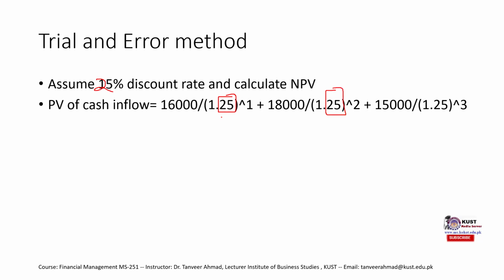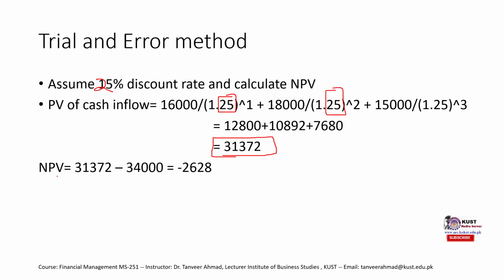Instead of taking 1.20, I have taken 1.25 because our discount rate is 25%. The present value of cash inflow is now 31,372. Now you would have noticed, the present value of cash inflow is lesser than the present value of cash outflow. So the NPV turns out to be negative.